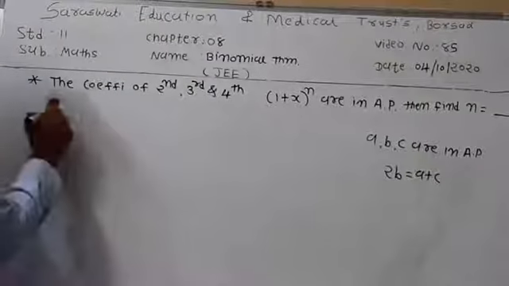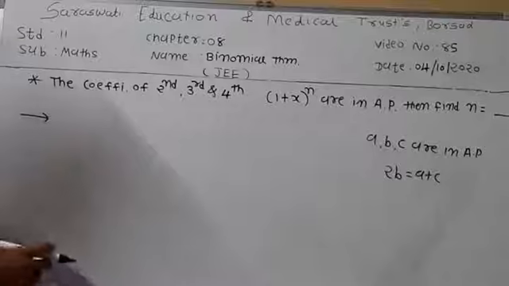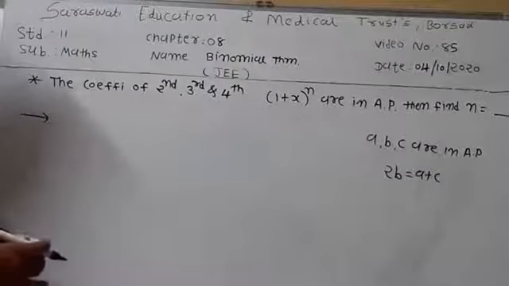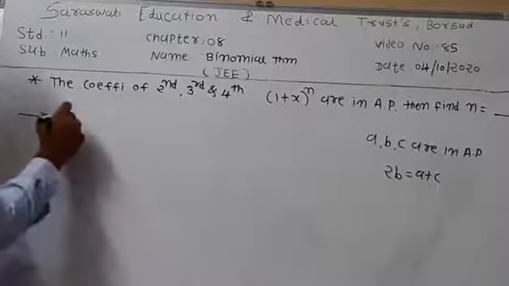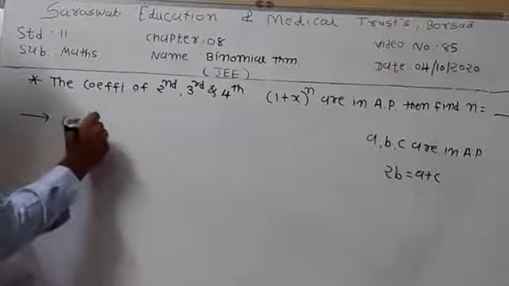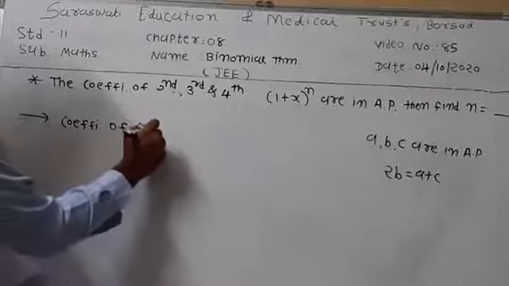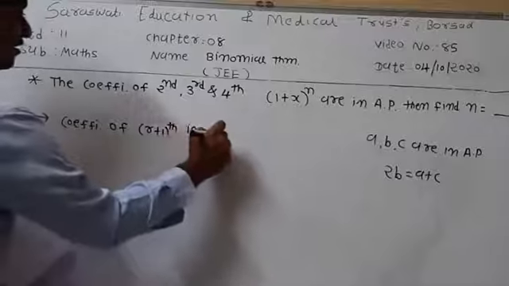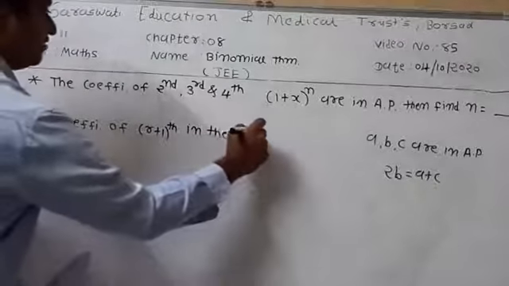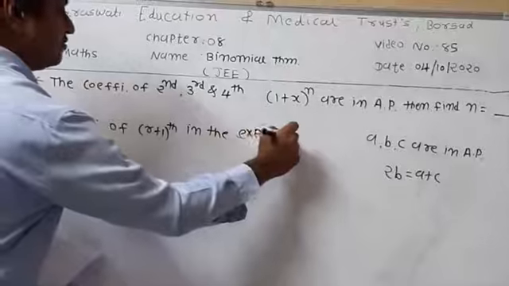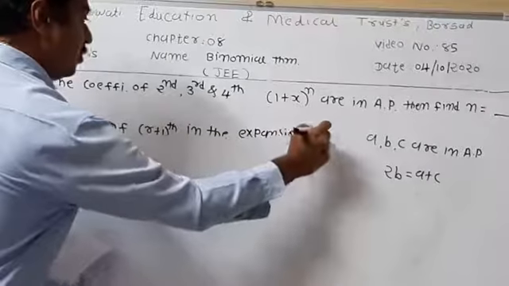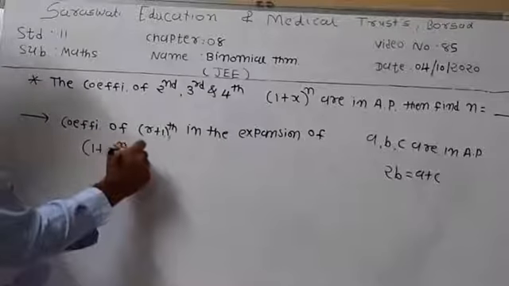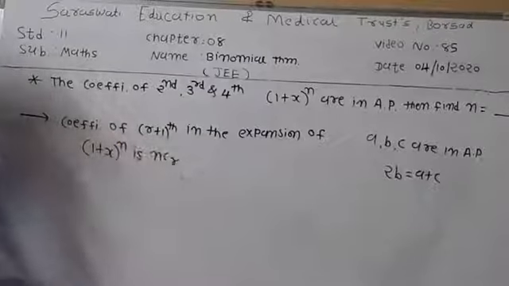So now, first of all, the second term, third term and fourth term are given, and the expression is (1 plus x) raised to n. So here we can write the coefficient of the (r plus 1)th term in the expansion of (1 plus x) raised to n is nCr, right?